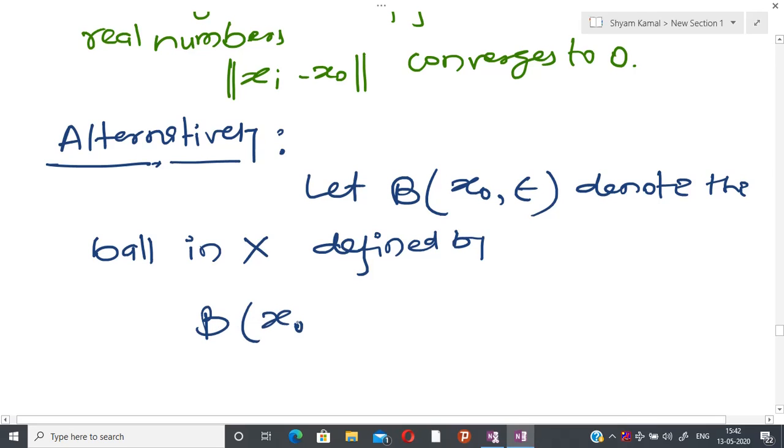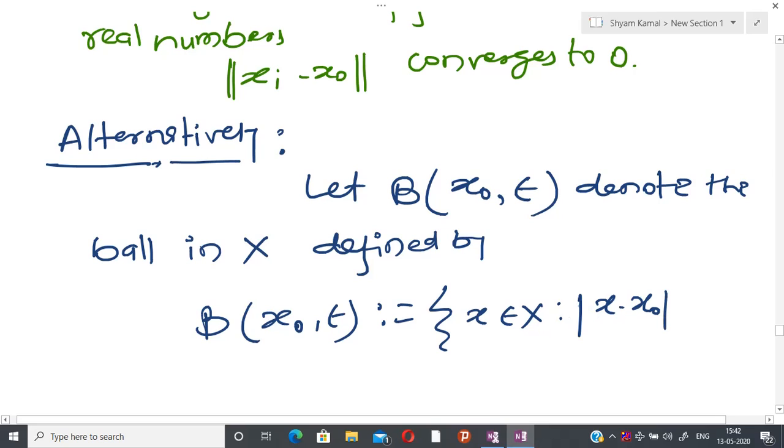So this ball V(x0, epsilon) is now defined like this: x that belongs to X such that the norm of x minus x0, and here we take the help of the norm, and in this way we are defining the ball.